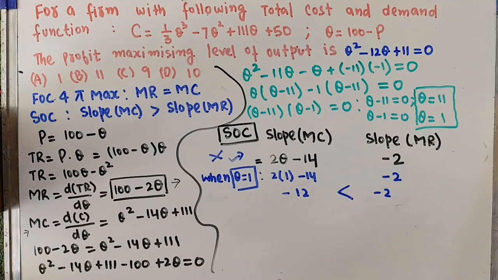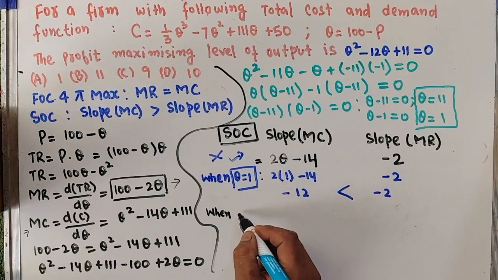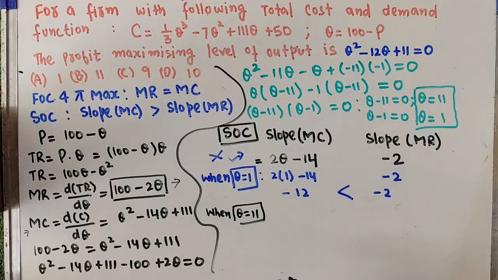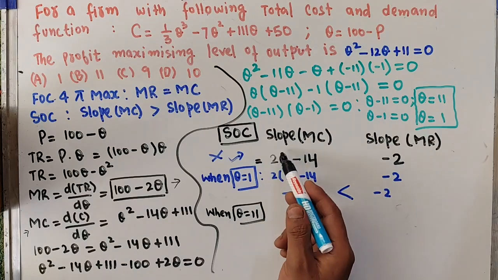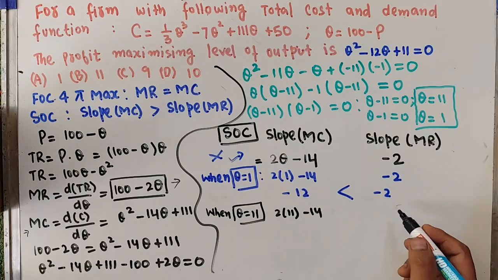Now when q is equal to 11, let us see what happens. We need to evaluate the second derivative at the critical point q is equal to 11. What will be the slope of the marginal cost function? Simply plug q is equal to 11 in this function, so we have 2 into 11 minus 14, and here we have minus 2.